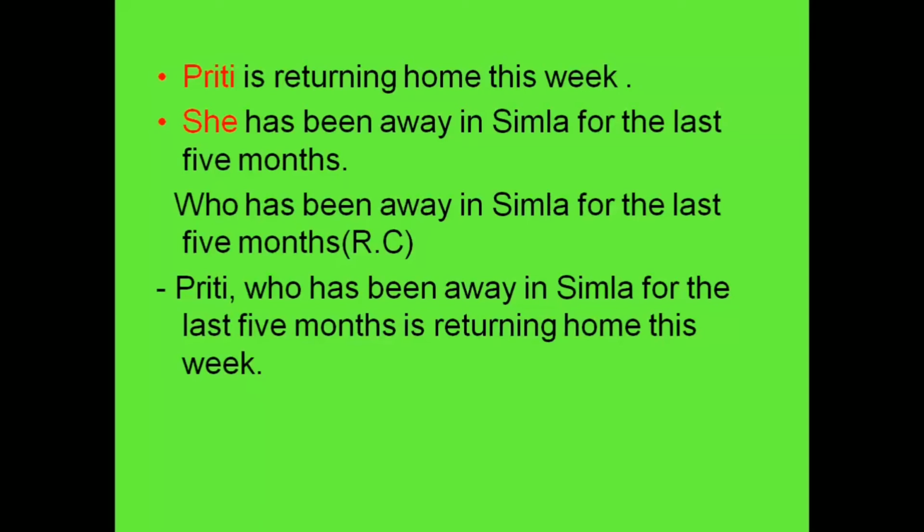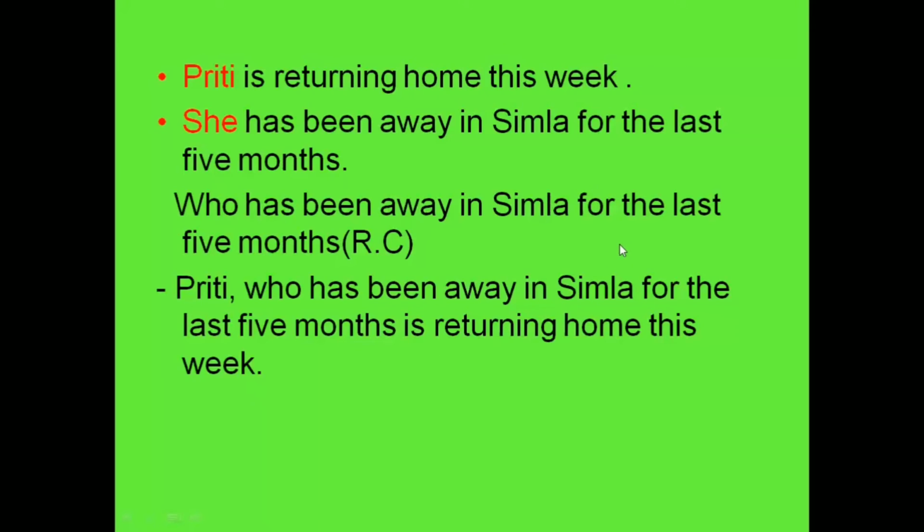Then come to the non-identifying relative clause. Take an example. Preeti is returning home this week. She has been away in Simla for the last 5 months. Here we have to identify the identical noun phrase Preeti and she. In the second sentence, we have to replace she by who has been away in Simla for the last 5 months. This is the relative clause. Preeti, who has been away in Simla for the last 5 months, is returning home this week.